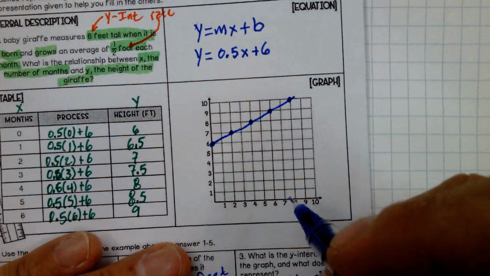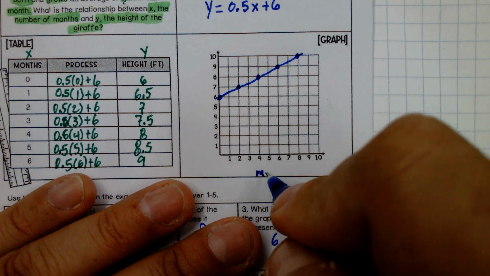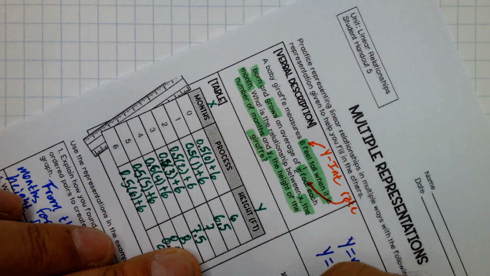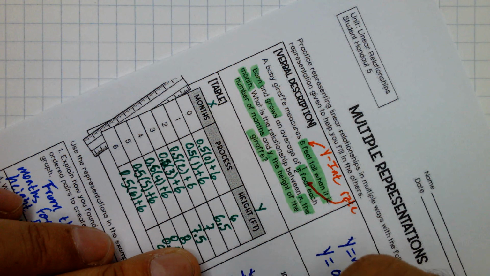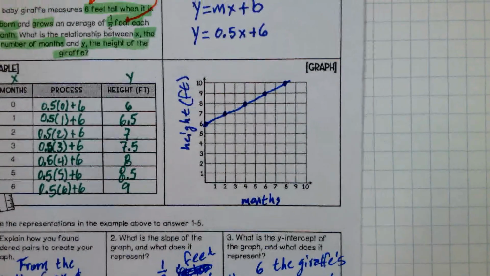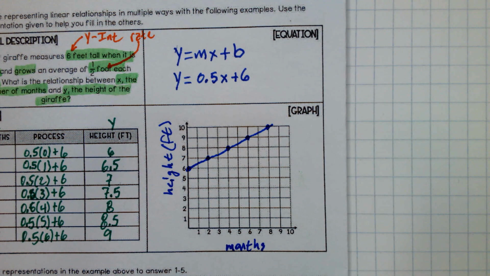Here we were talking about months, and here we were talking about height in feet. So it made sense here because you don't just magically grow a foot, right? It's a process, it's measurement.